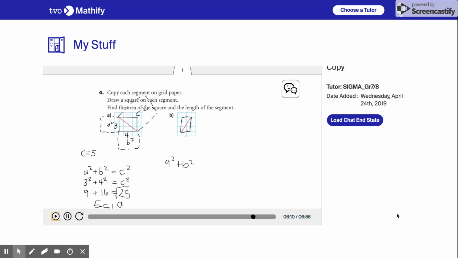So a squared is 2 squared, and b squared is 3 squared. So you would do 2 times 2, which is 4, and 3 times 3, which is 9. 9 plus 4 is 13. So you have to find the square root of 13. Okay.